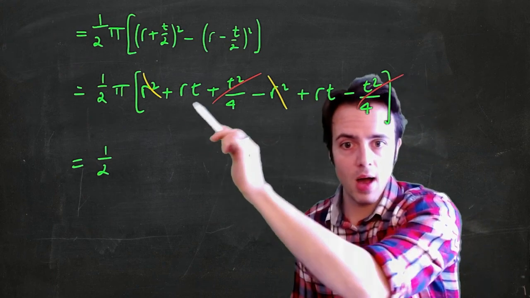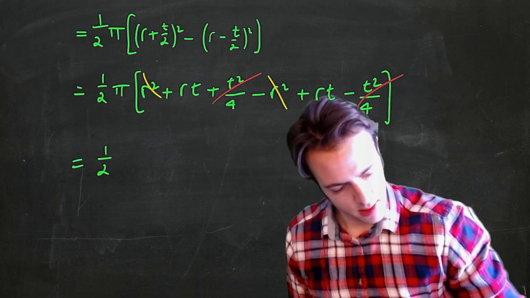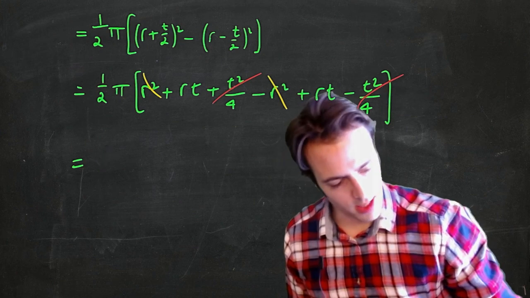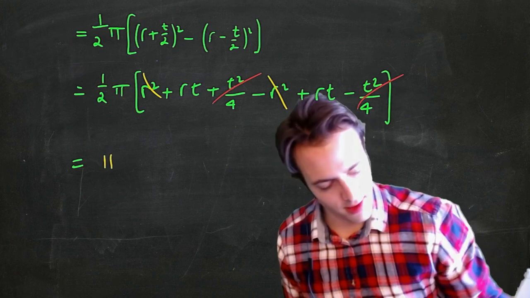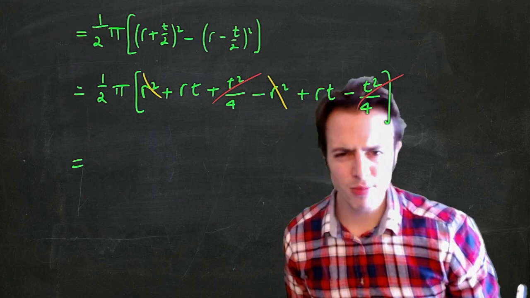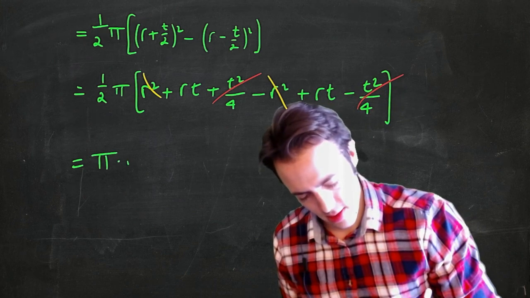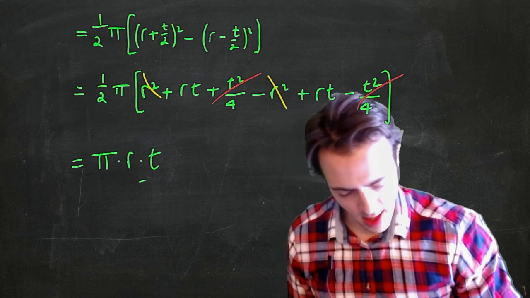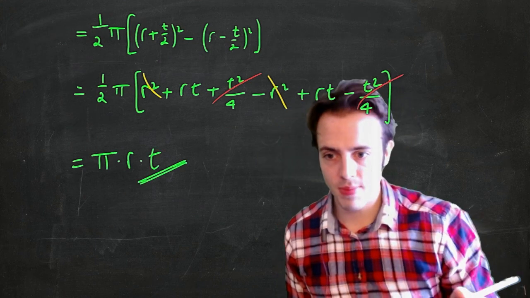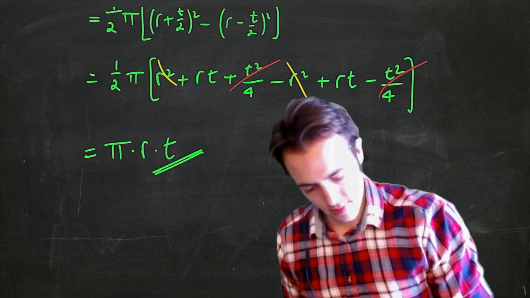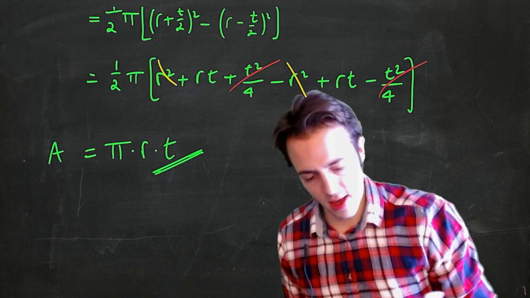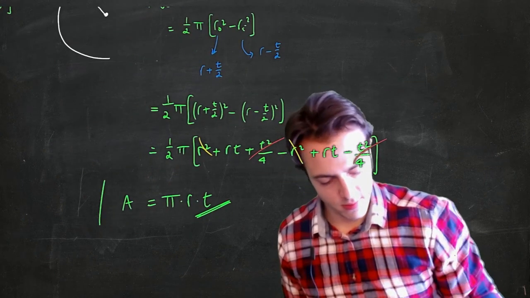This is going to become pi rt. I'm trying to think a couple of steps ahead, and I then can't narrate the step I'm currently on. It's actually pretty hard to do maths and talk about it at the same time, I've discovered. So this here is the area of a semicircular annulus.